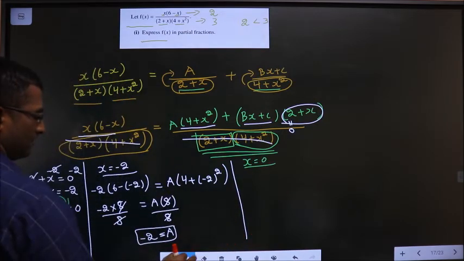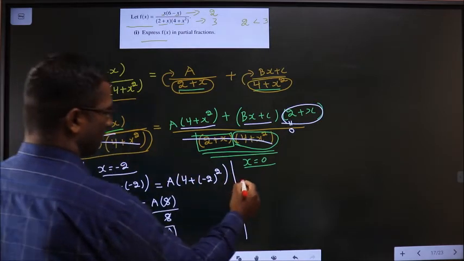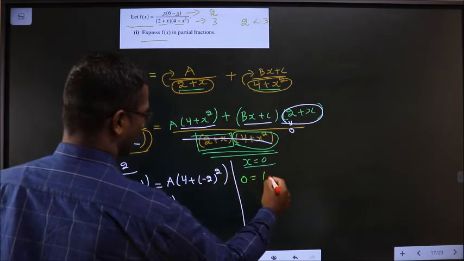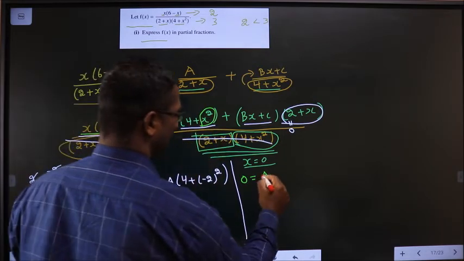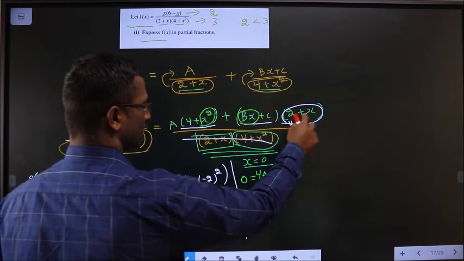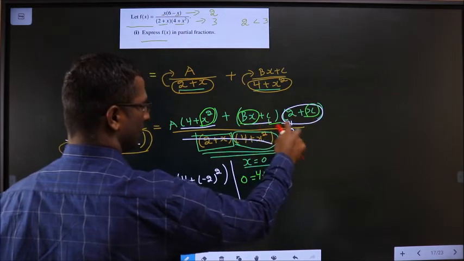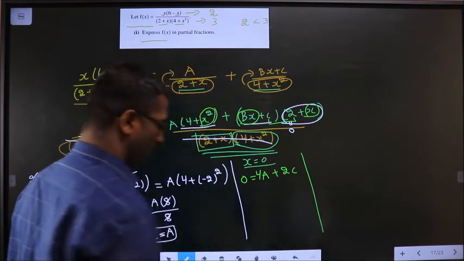So if I take x equal to 0, 0 times anything is 0. And over here this is 0, so leaving you with 4a. And when x is 0, this is 0, this is 0. So left is 2c. Okay.